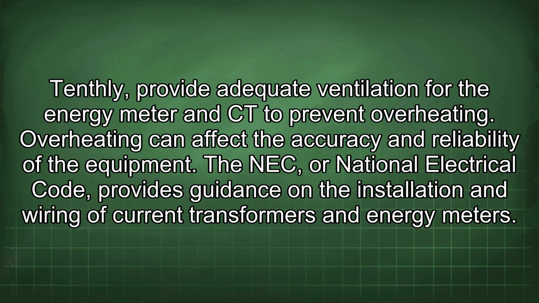Tenthly, provide adequate ventilation for the energy meter and CT to prevent overheating. Overheating can affect the accuracy and reliability of the equipment. The NEC, or National Electrical Code, provides guidance on the installation and wiring of current transformers and energy meters.